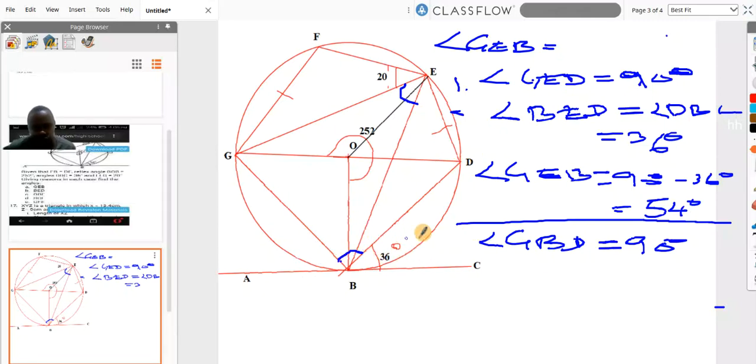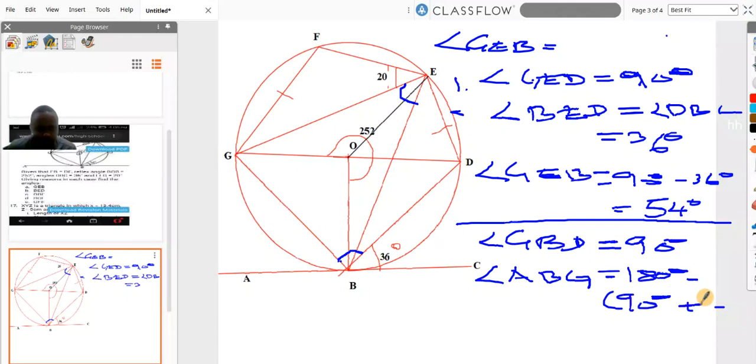So this one is a straight line. So angle ABG is going to be equal to 180 degrees minus the sum of 90 degrees plus 36 degrees. When you do that, you're going to get 54.